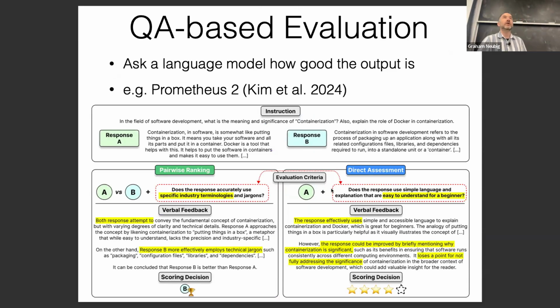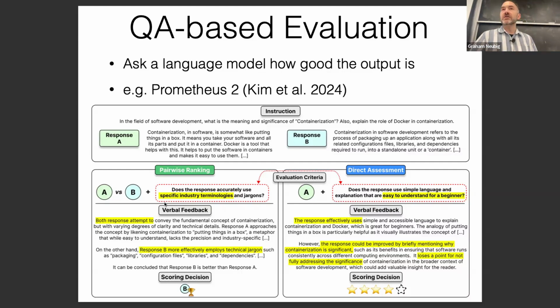So another paradigm is question answering based evaluation, or language models as a judge. Basically, you ask a language model how good the output is. This has been around for a while now, and overall there are two paradigms. One paradigm is pairwise ranking.